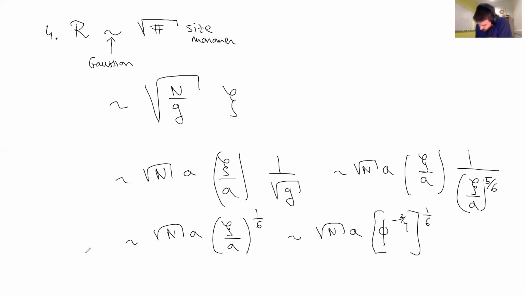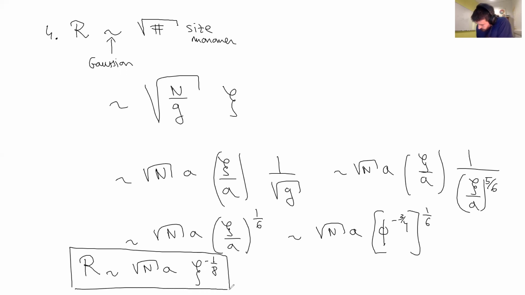So you end up with the relation that the end-to-end radius is typically square root of n, a, phi to the minus 1/8. This is a result that is attributed to Daoud. It's a very elegant result because it connects all the range from dilute solutions to melt. We can check that now. So let's look at that.